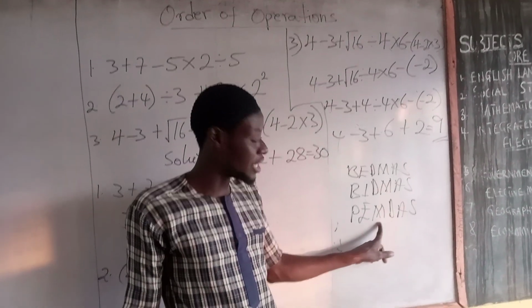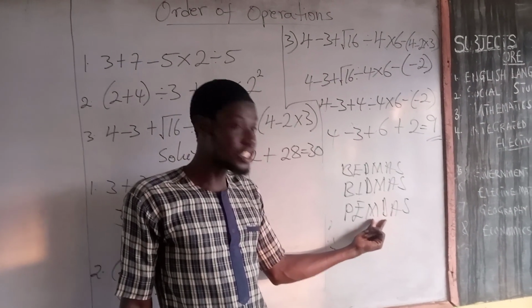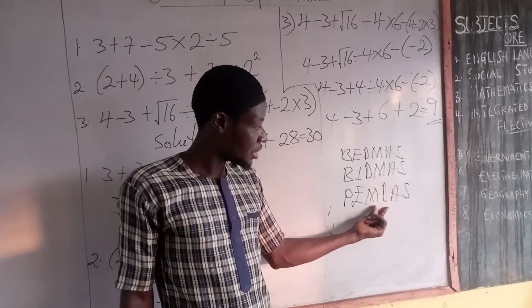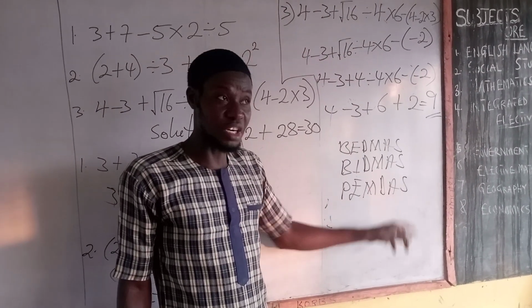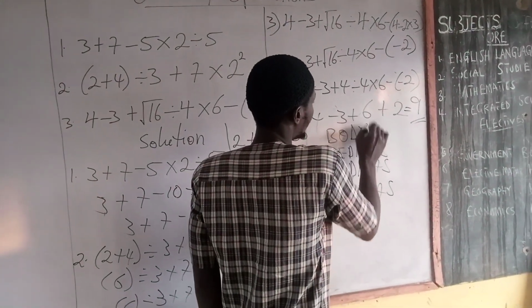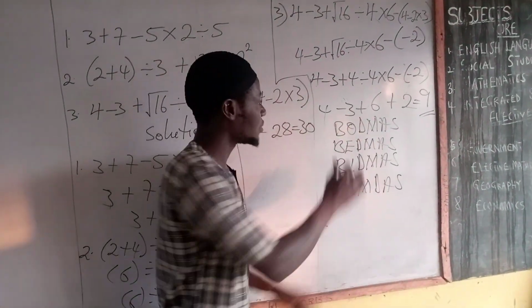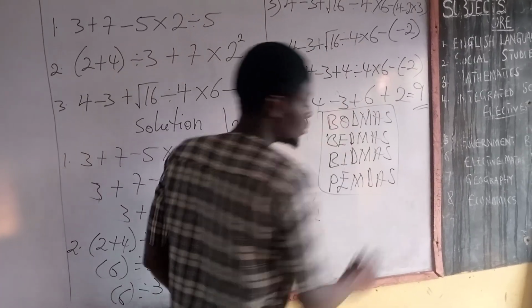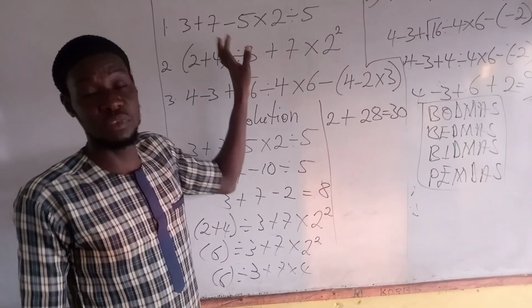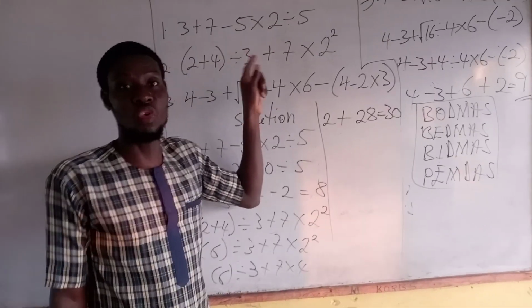So the position of the M and the D here doesn't change the concept. And so after that, addition, subtraction. And so any of these will satisfy the order that we apply to simplify math problems involving more than one operation.